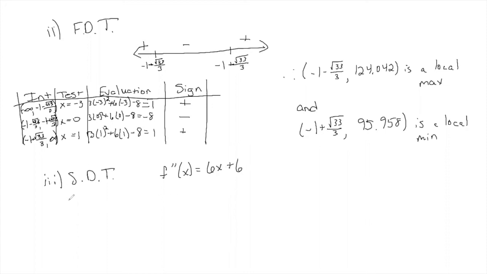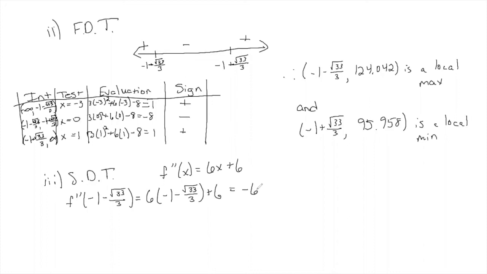And for this, I want to just evaluate each of these x values. So I'll do -1 minus square root 33 over 3. And I get 6 times this thing. This is actually something I can do by hand, it looks like.